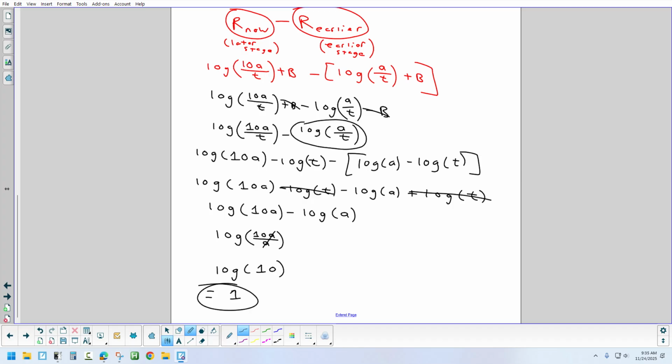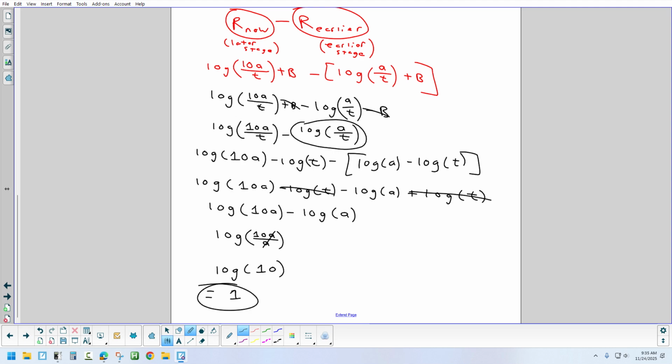And that's exactly how the Richter scale works, because it's logarithmic. So that problem combines some properties that we did last week: splitting logs, combining logs, and then when you do the distributive property with the negative, a lot of your variables cancel out. Any question on that?